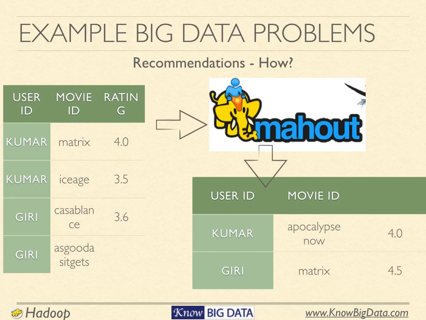So if you look at what data goes in and what data comes out from a movie recommendation, it could be as simple as three columns of information, or it could be as complex as giving characteristics of each movie, called features.